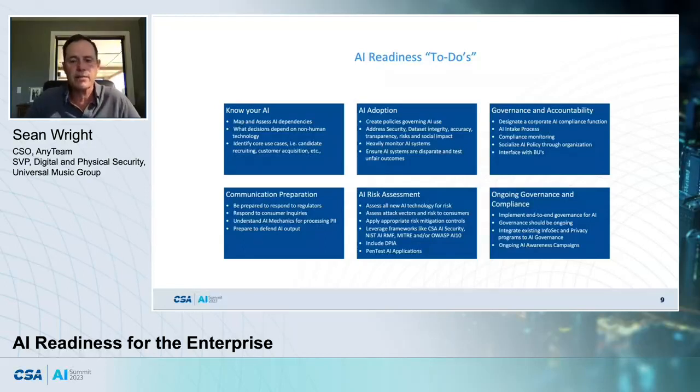Leverage frameworks like the CSA framework or NIST RMF. The MITRE framework has a very good framework specifically for AI, or the OWASP AI top 10 list. In your risk assessment, include a DPIA, which is a data privacy impact analysis, and then have your AI applications pen tested.